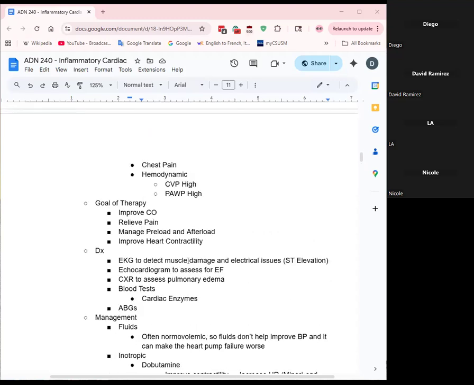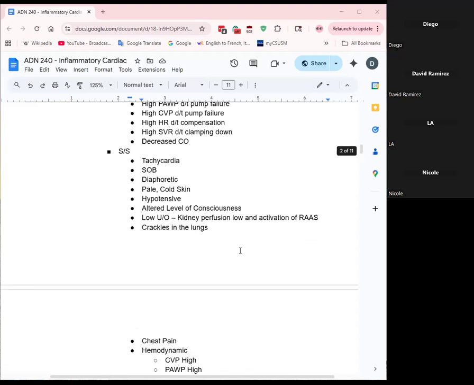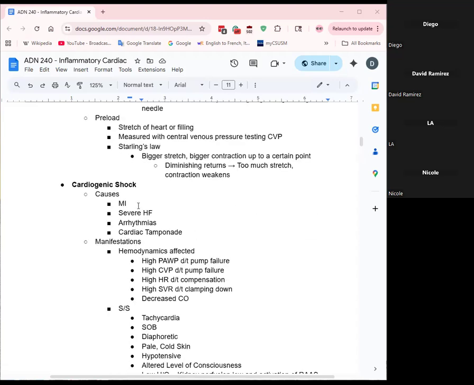This cardiogenic shock can happen due to severe complications of heart failure, in which case they're already retaining fluid, but it could also happen due to other reasons such as a heart attack, an MI. They might not have heart failure when they get their MI. So they might just have a normal amount of fluid in their body, but then their heart stops pumping well. So they might not even be overloaded per se.